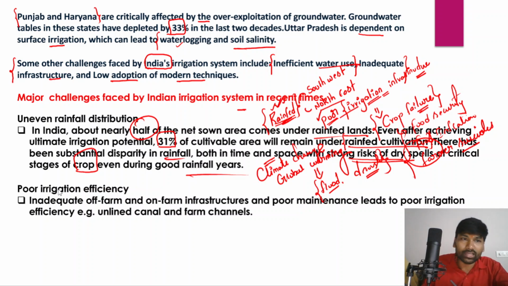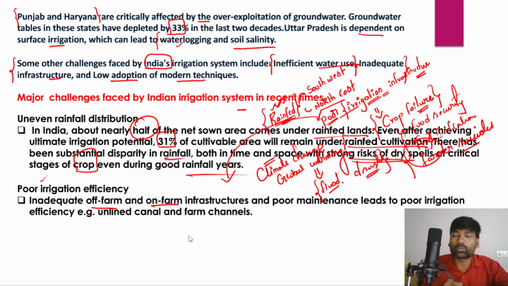Now apart from that, we also have poor irrigation efficiency. When we talk about poor irrigation efficiency, we actually have inadequate off-farm and on-farm infrastructure. That essentially comes under poor irrigation infrastructure.